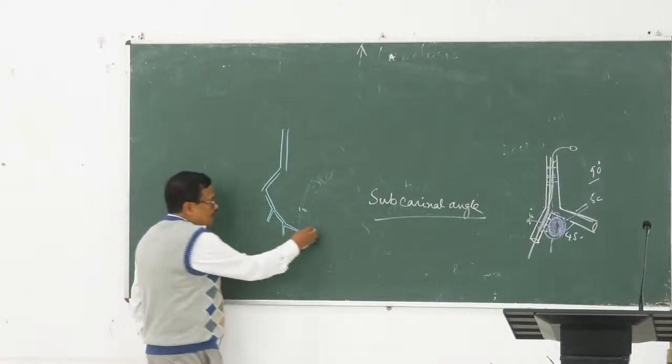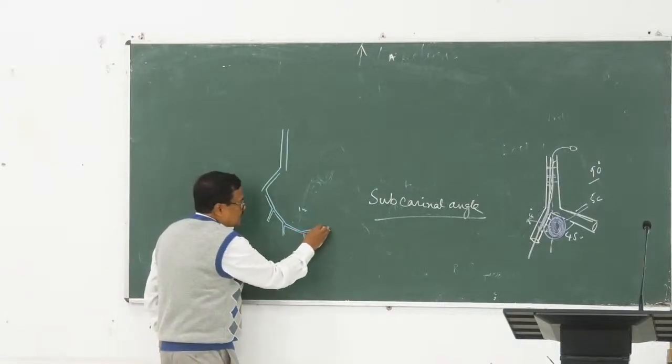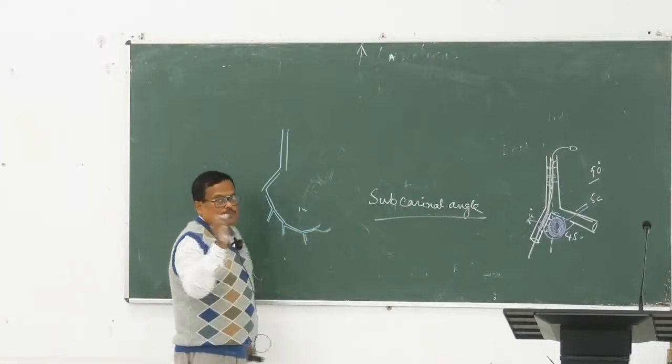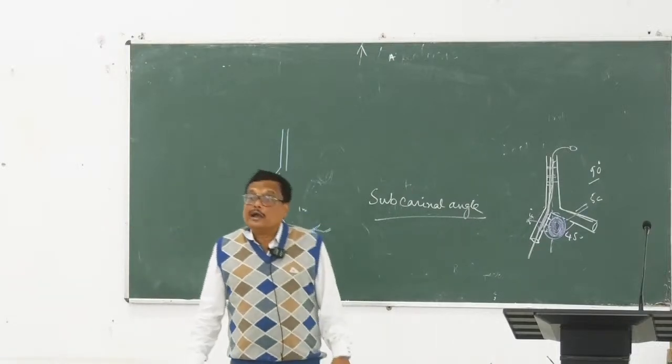And each bronchiole again divided into number of more smaller bronchiole, and ultimately it gives rise to a very small bronchiole. We call it terminal bronchiole.